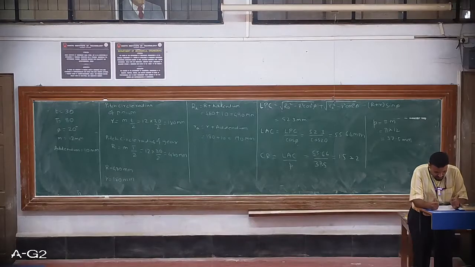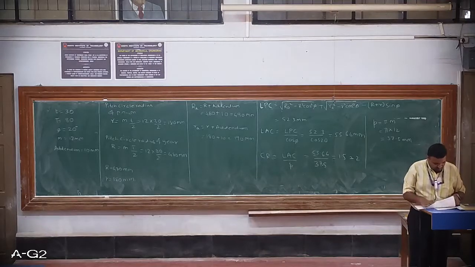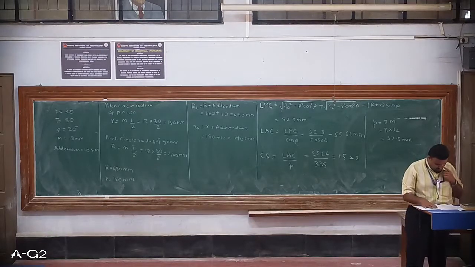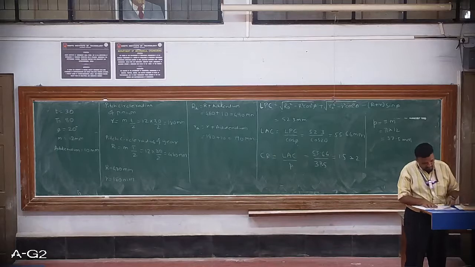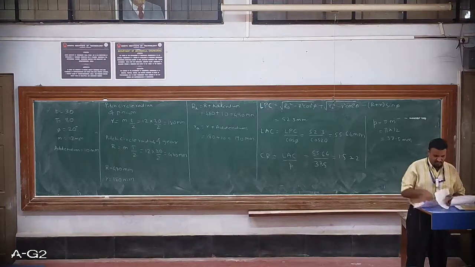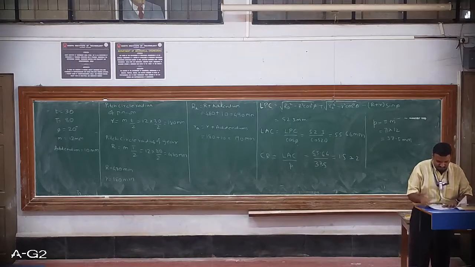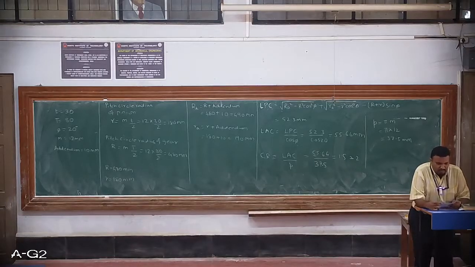Now, to determine the angle turned by the pinion, it will be the length of arc of contact into 360 degrees upon the circumference of the pinion.